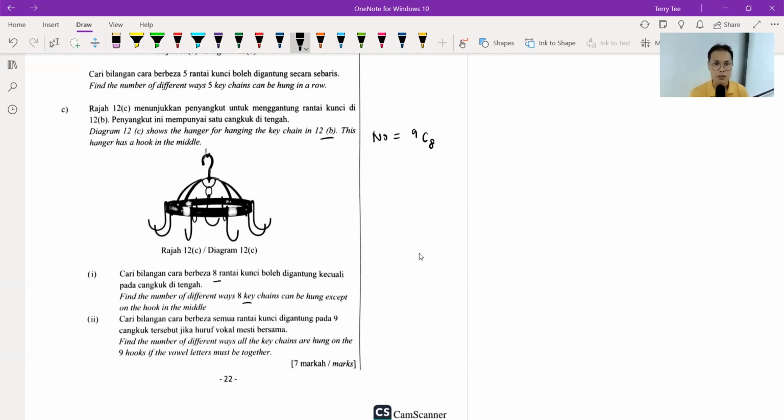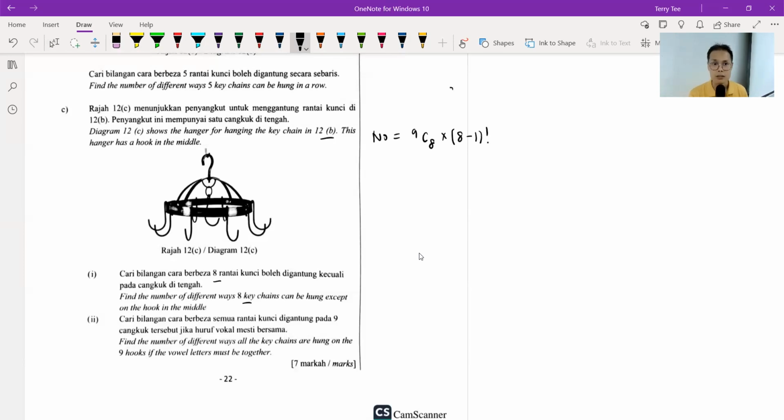Remember, in circular arrangement, we have to minus 1. If I put 1, 2, 3, 4, 5, 6, 7, 8, I can have 8 different positions to put them, and they will have the same item on the left and on the right. So I don't need to explain further here. When you arrange in a circular arrangement, the number of ways now has to minus 1. Previously, if you take 9, I arrange 9.